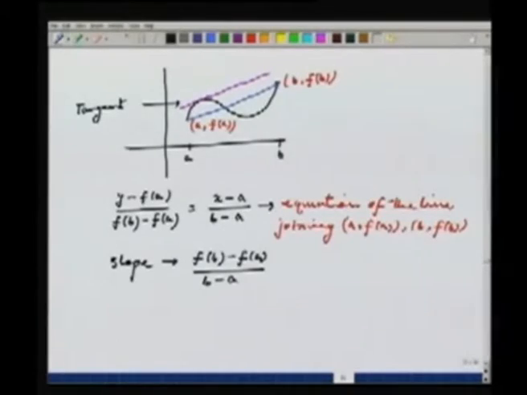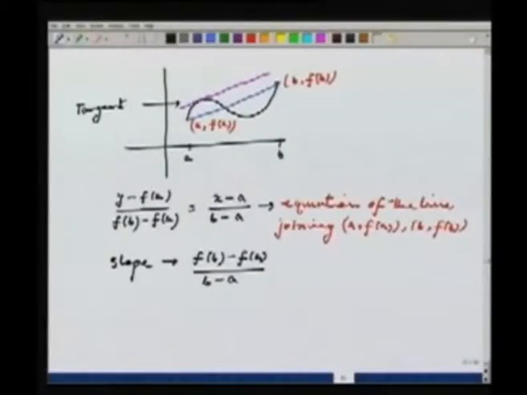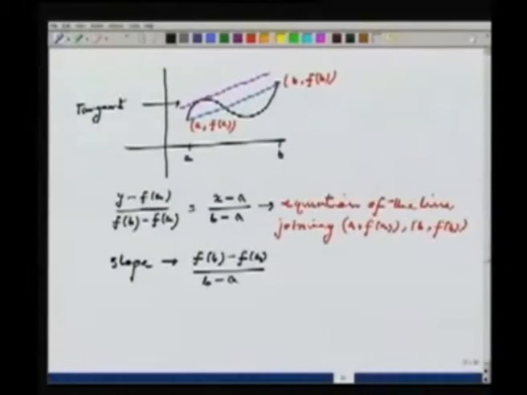I want to say that there exists a point where the tangent is parallel to the line joining (A, f(a)) and (B, f(b)). That would mean that the tangent has the same slope as the line joining them. That means there should be a point where f prime of that point is the same as the slope of the line. So, the precise statement of the mean value theorem goes as follows.